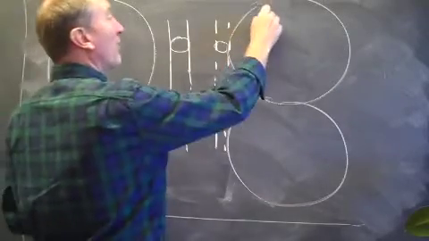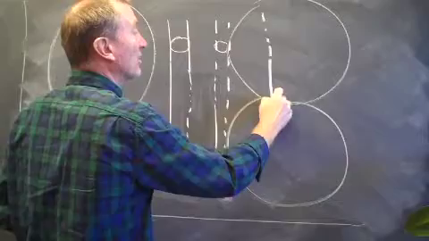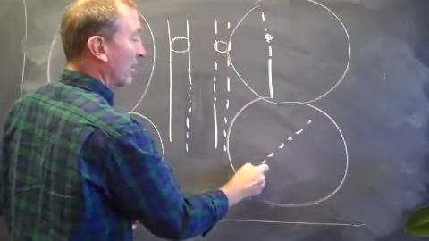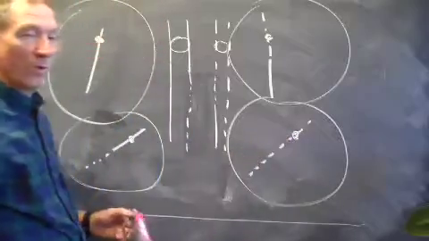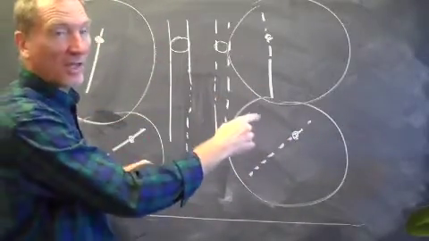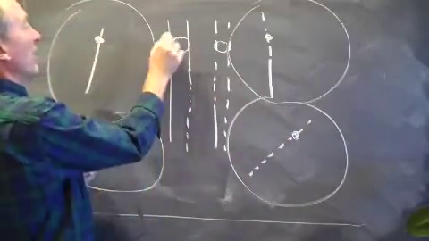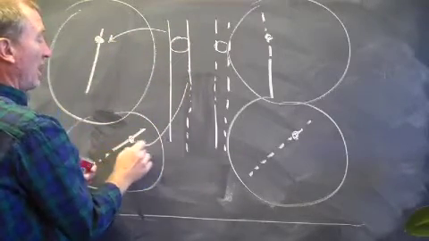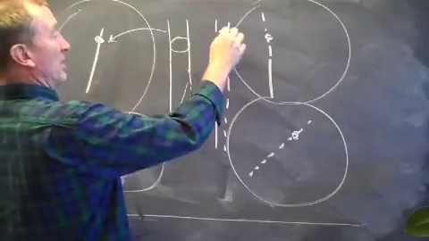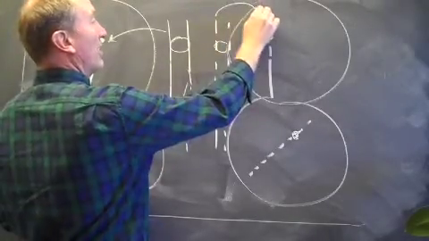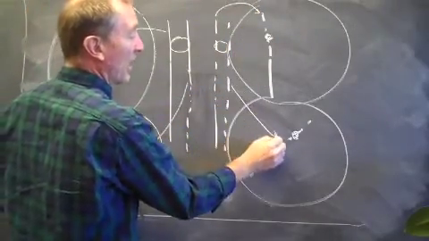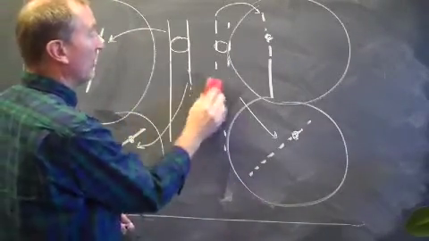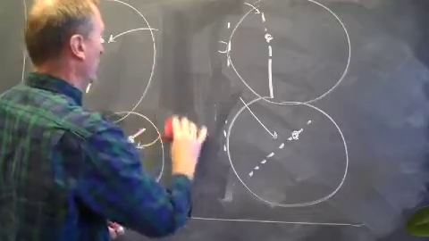And then we're going to have one that looks like this from here. And then, so those are our four different results at telophase 2. This guy went here. This guy went here. This guy went here. And this guy went down here. So that's telophase 2. Let me get rid of some of this stuff.